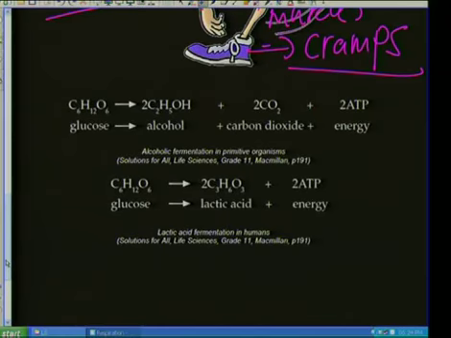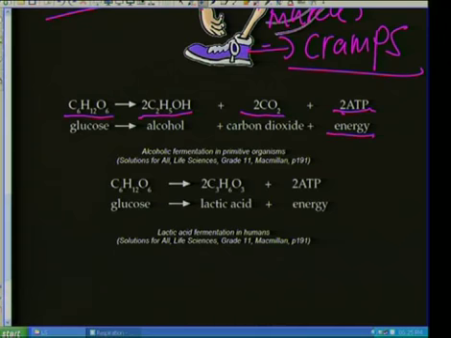Now, how would we put this in a formula or an equation? Equation, better word. C6H12O6, that is glucose, is broken down without oxygen. Yeah, there's no oxygen. We're not saying oxygen plus. It's broken down into alcohol and carbon dioxide and the ATP that came from glycolysis. 2 only.